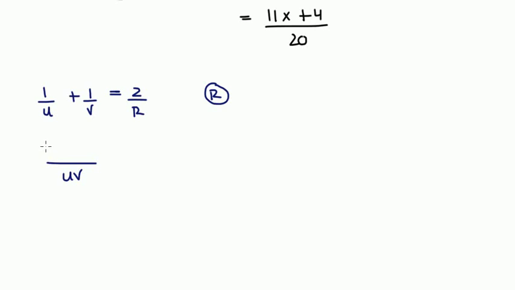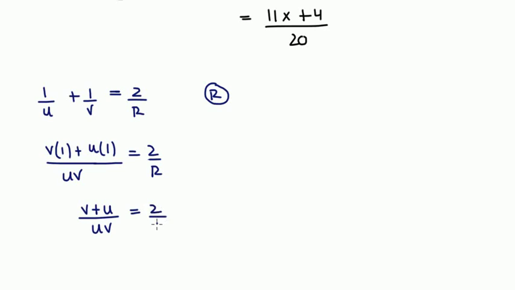I've multiplied u by v, so I have to multiply the top by v. And I have to multiply the top by u. Is equal to 2 over r. So just to simplify, (v plus u) over uv is equal to 2 over r. So in order to get my r above the line, if I'm dividing by r on the right, I'm going to multiply by r on the left.